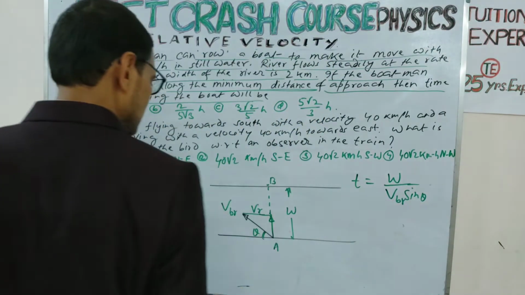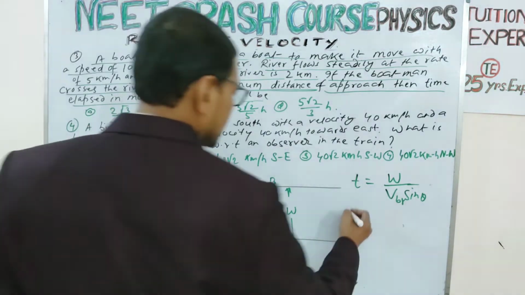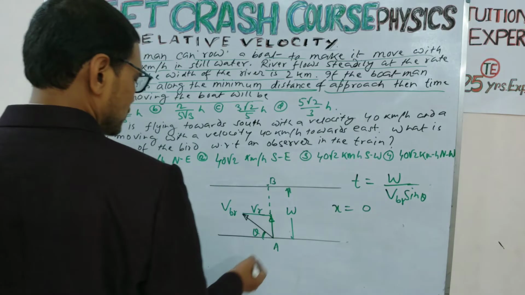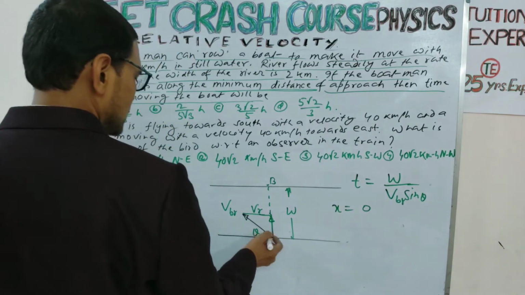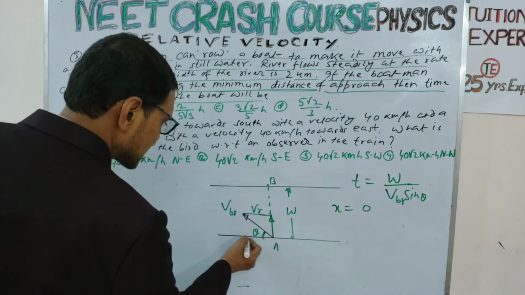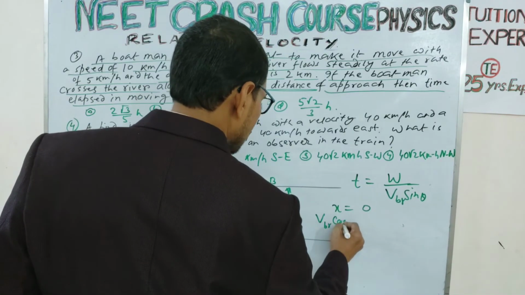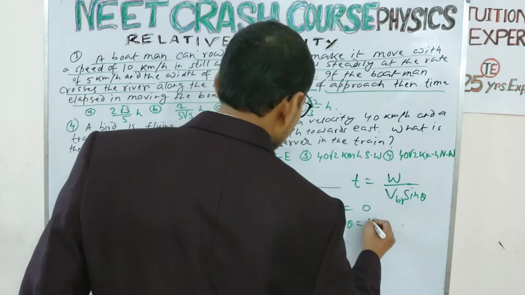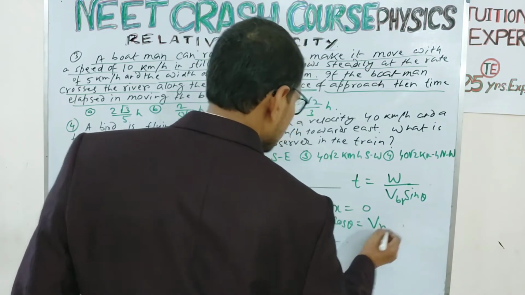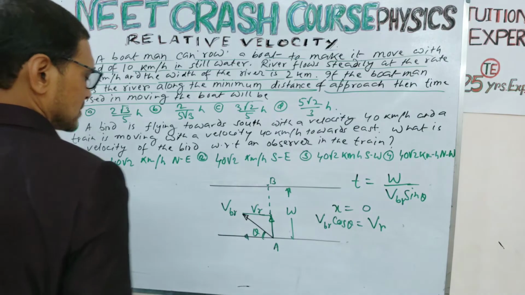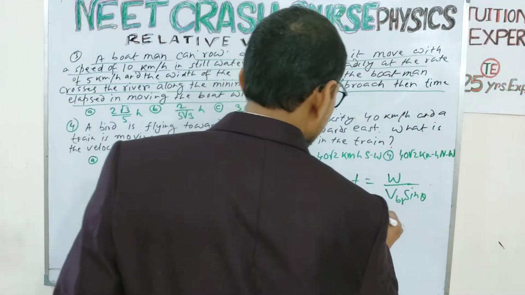Now here x equals 0, that is drift 0. For drift 0, the velocity component VBR cos theta will be equal to VR.